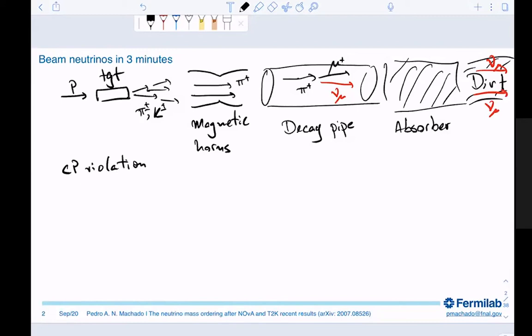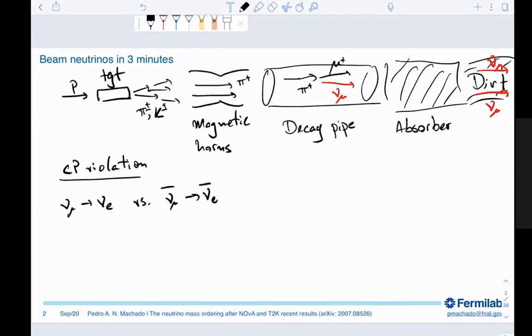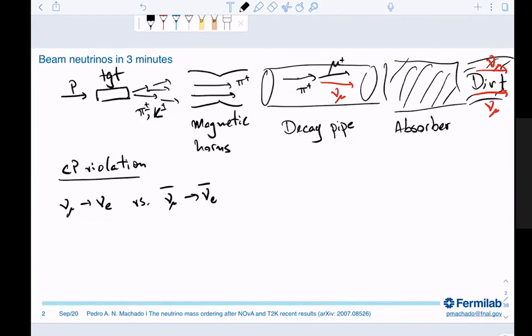So the major channel in beam neutrinos to measure CP violation is by comparing the nu mu to nu e appearance versus nu mu bar to nu e bar. So in a very, very naive way of doing things, let me just tell you what the probability of oscillation would be like for 2 neutrinos.